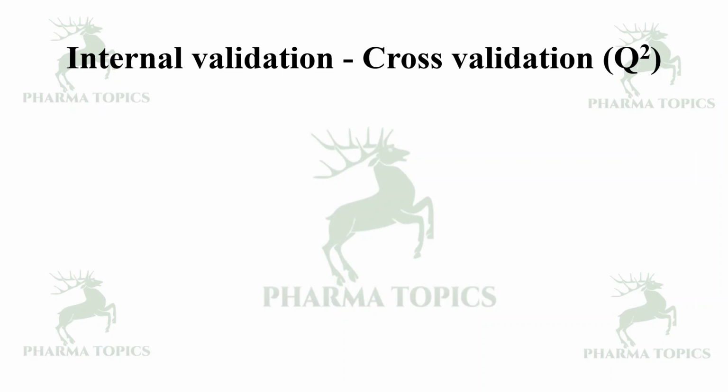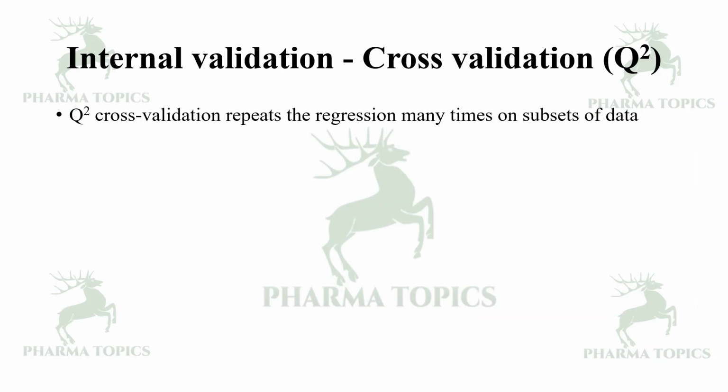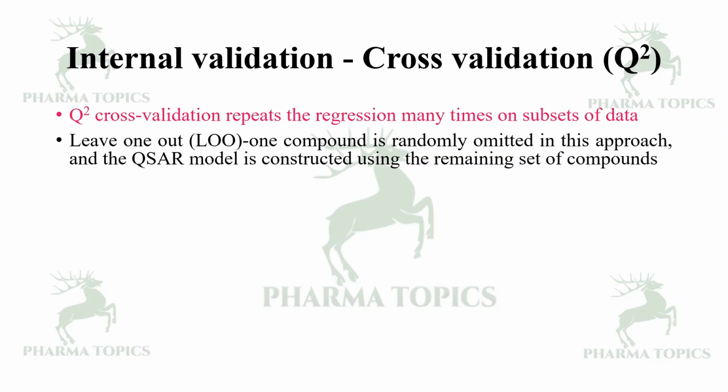Next one is cross validation, that is Q square. Q square cross validation repeats the regression many times on subsets of data. There are some concepts like leave one out, that is LOO. One compound is randomly omitted in this approach and the QSAR model is constructed using the remaining set of compounds.